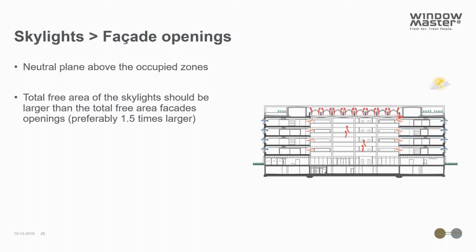And this should optimally be 1.5 or close to 1.5 times larger. And this will ensure that we have a neutral plane that is above all the occupied zones. So all the facade openings will be used as inlets and provide fresh air to the occupants in the multiple spaces.